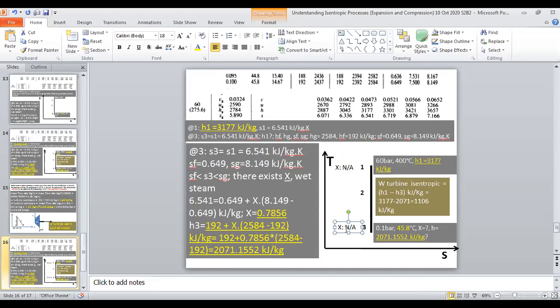Finally, x becomes 0.7856. So that is the x value. We calculated this for isentropic.